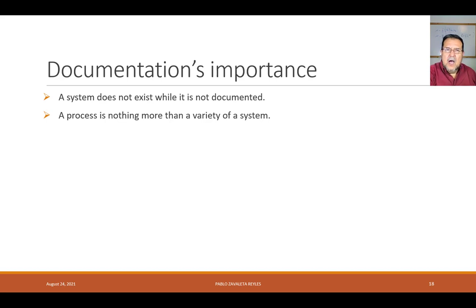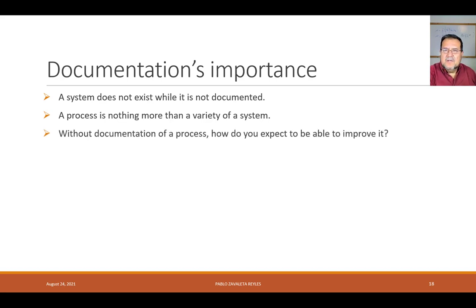Second, how do you expect to improve it? If you're creating, let's say, a recipe for a specific plate, and you want to adjust a little bit, you'd better write it down, otherwise you're going to forget it.